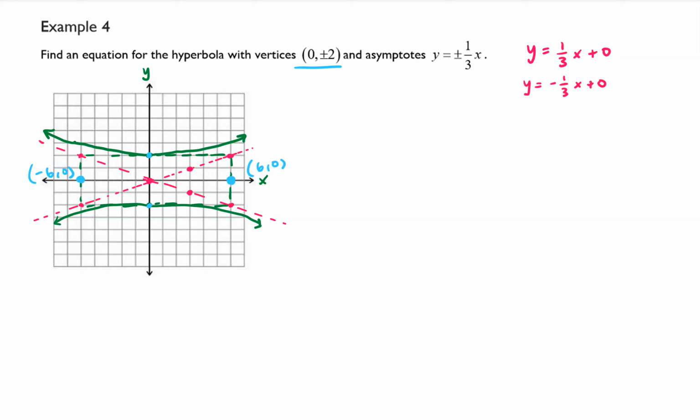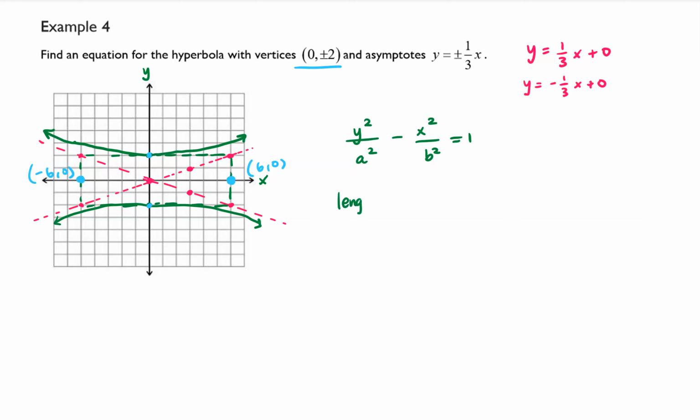Because our transverse axis is vertical like this, we know from the two options that our equation is going to be of the form y squared over a squared minus x squared over b squared is equal to 1. We know that the length of our transverse axis, the distance between these 2 points, is 4 units.